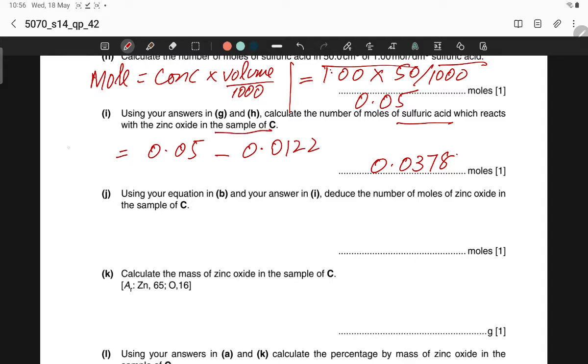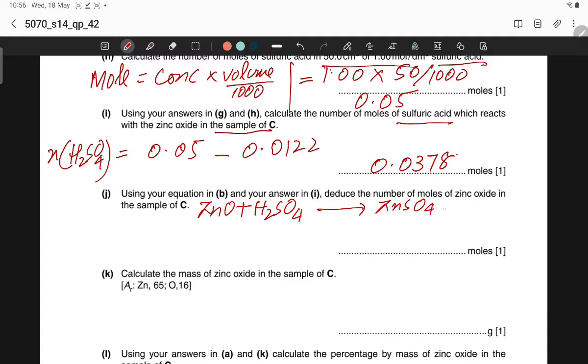Using your equation in B and your answer in I: in equation B, we know zinc oxide plus H2SO4 forms zinc sulfate.